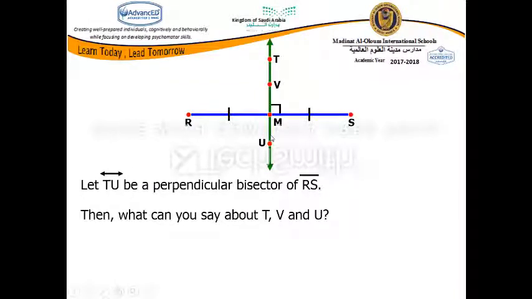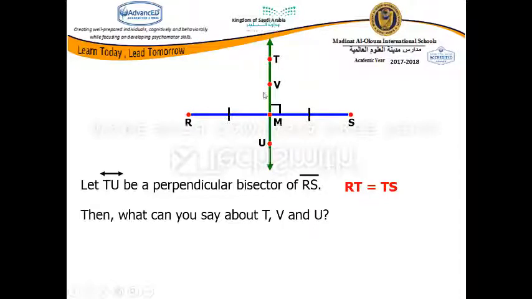Let TU be the perpendicular bisector to the line segment RS. What can we say about T, V and U? Here we will say that T is equidistant from R and also equidistant from S. That means RT equals TS.